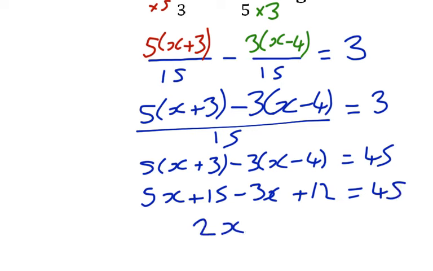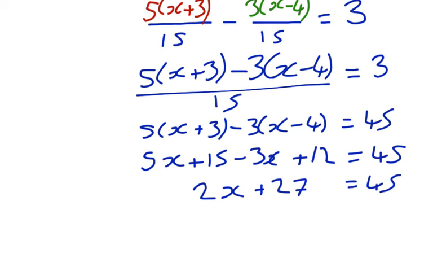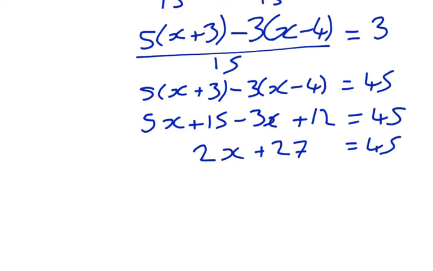Simplifying that, we get 2x + 27 equals 45. And now we get 2x, taking away the 27, equals 18, and finally x equals 9.